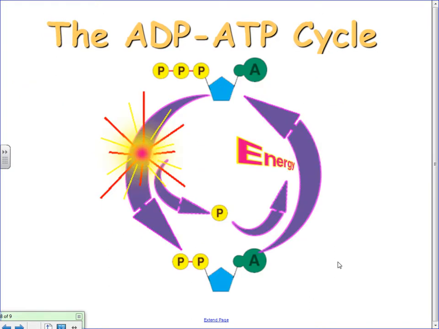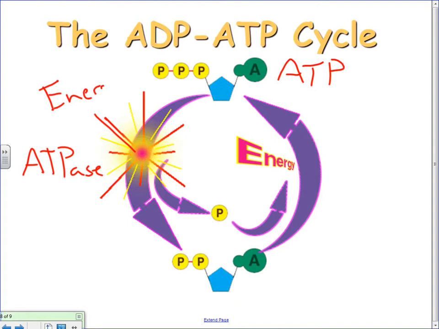So this is the ADP-ATP cycle, and let's go over it just as a quick review. So we start with an ATP molecule. An ATP molecule is broken down by ATPase. It releases energy, and we're left with ADP plus this inorganic phosphate.